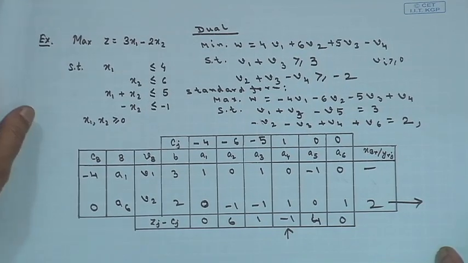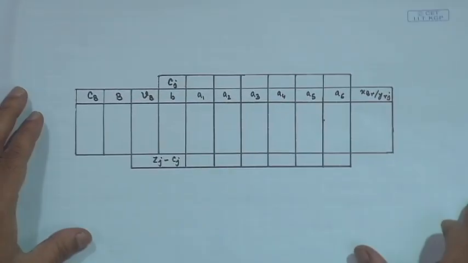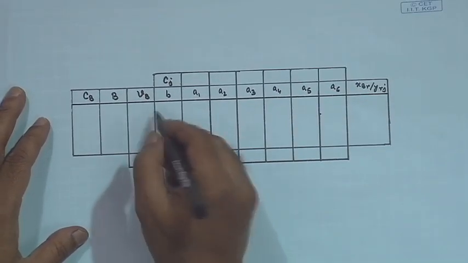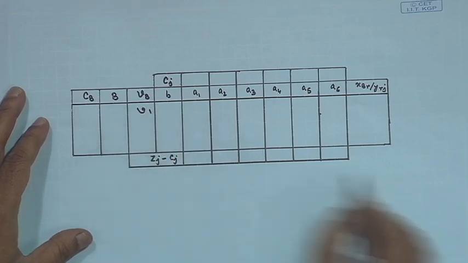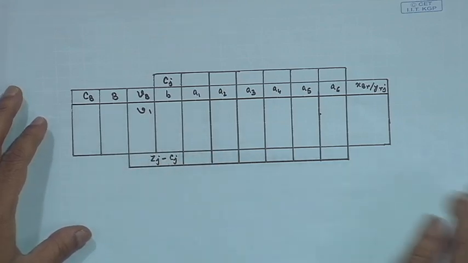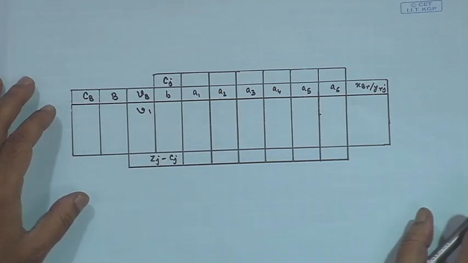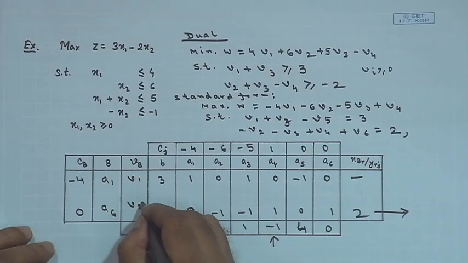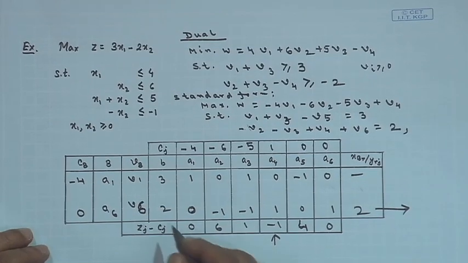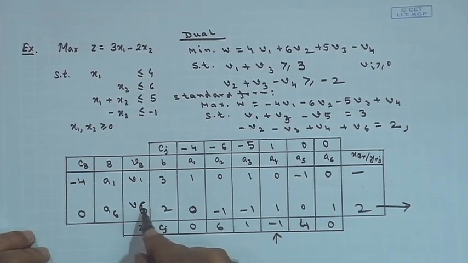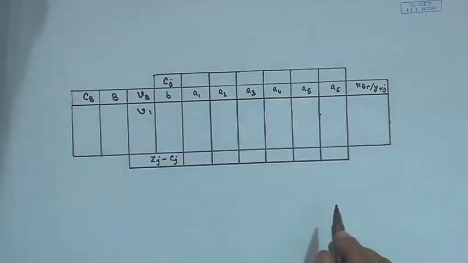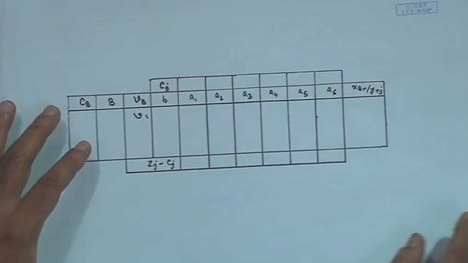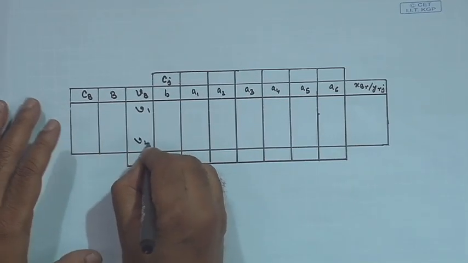So from here we are making the next table. In the next table you will have V1 and V4. I am sorry, I have made a mistake. This will be V6 only, V6 is going out. So in place of V6, V4 will come.